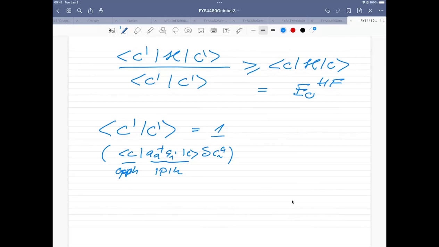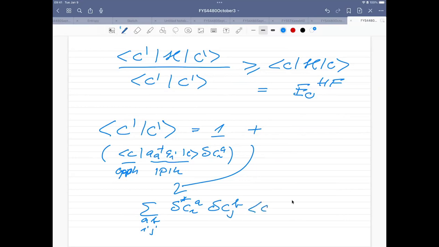So the next term which contributes has to be a term of the form, let's just write this down: a sum over A, B, I, J, with delta C_IA complex conjugate, delta C_JB, then C, then a_A^dagger a_I, and a_B^dagger a_J acting on C. That's the next term I'm going to get.